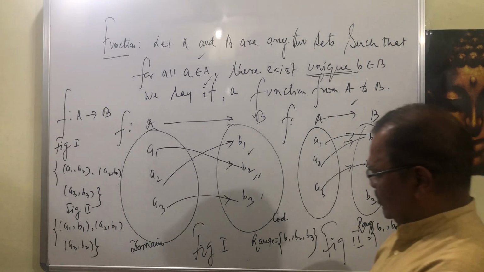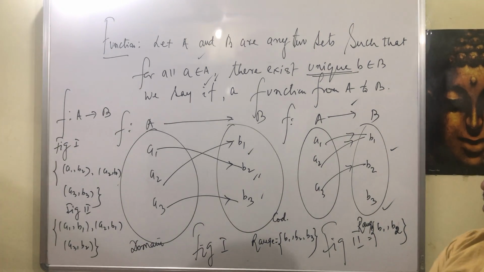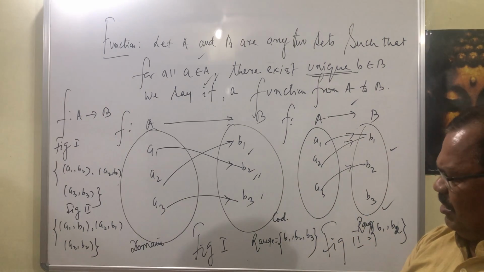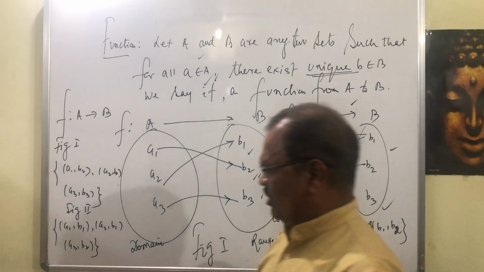Okay. Let us see now the types of function, because the details of this function we shall see again in class 12th. So here also we have gone through all these definitions, and let us see now the types of function.